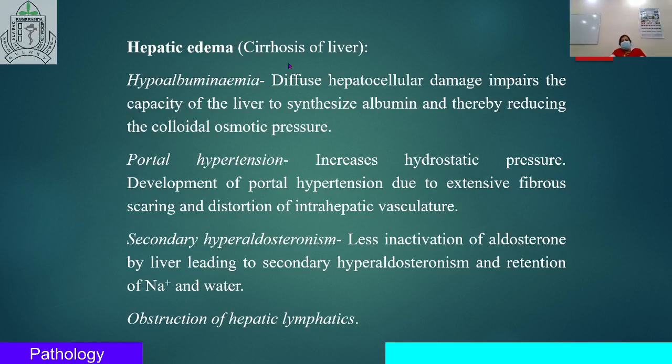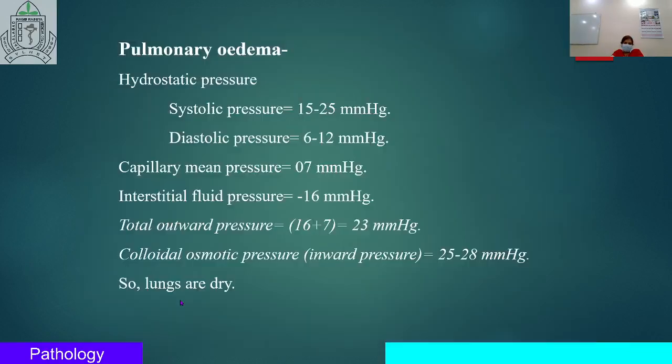So, in case of cirrhosis of liver, four mechanisms are applied. Number one is increased hydrostatic pressure due to portal hypertension. Number two is decreased colloidal osmotic pressure by the decreased synthesis of plasma protein by the liver. Number three is secondary hyperaldosteronism. Number four is obstruction of the hepatic lymphatics.